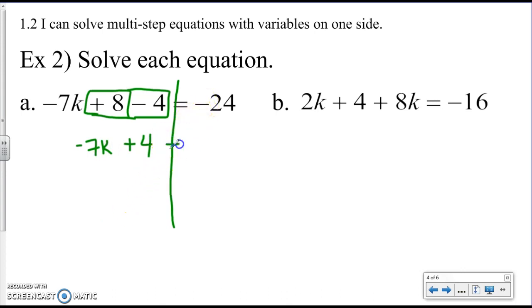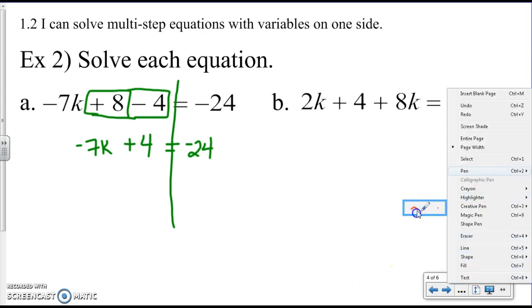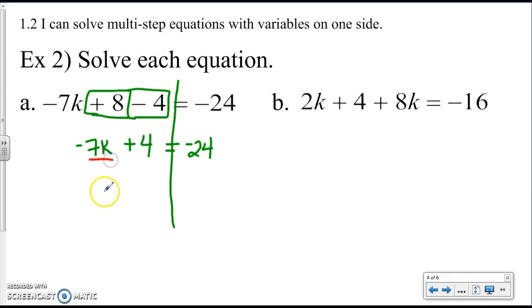Step 3 says to combine like terms on the right side. I don't have any like terms to combine there, just have a -24, so I'm going to stop there, bring it down. And then I'm going to go ahead and solve. So we talked about finding the k and canceling the stuff that's around the k. So if my k is over here with my -7, I don't want to do anything with that yet. I'm going to start by subtracting 4 from both sides. I need to do -4 to cancel that +4.